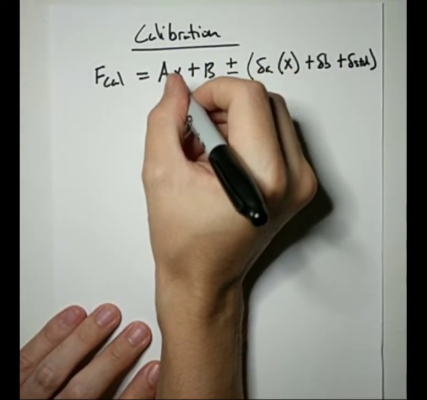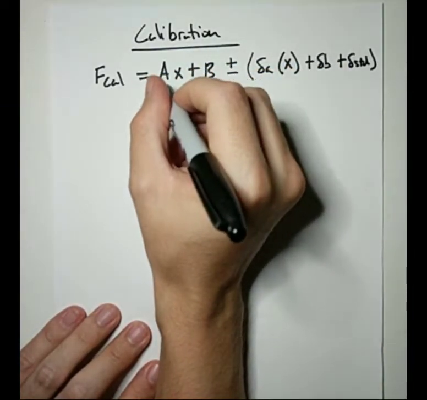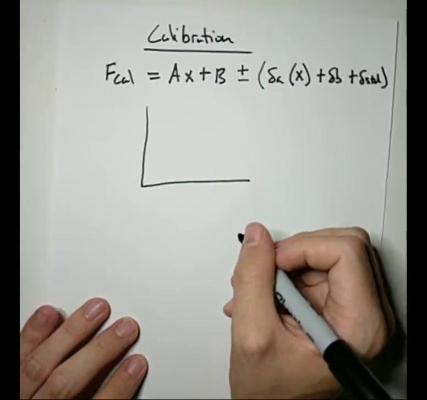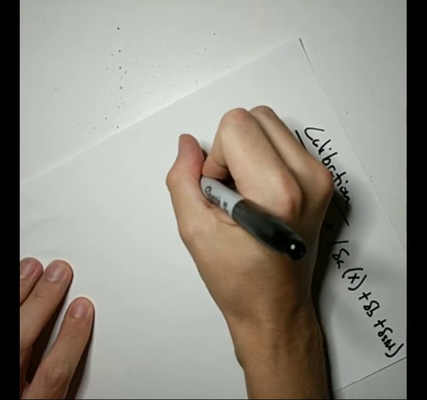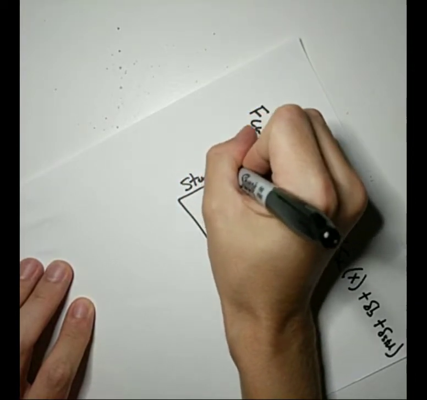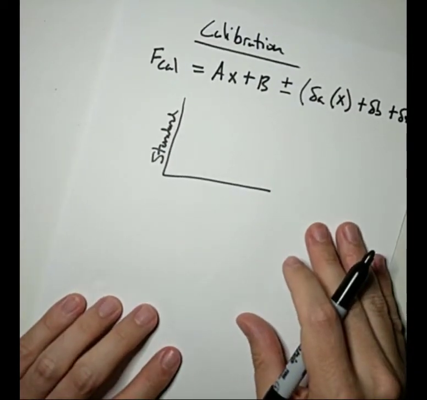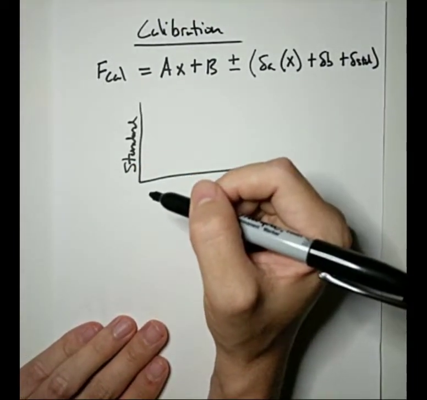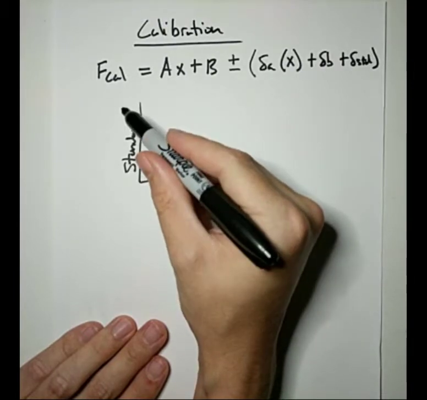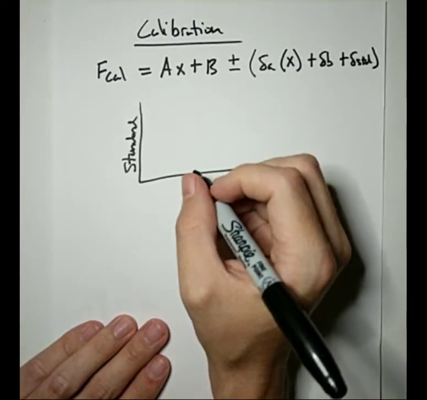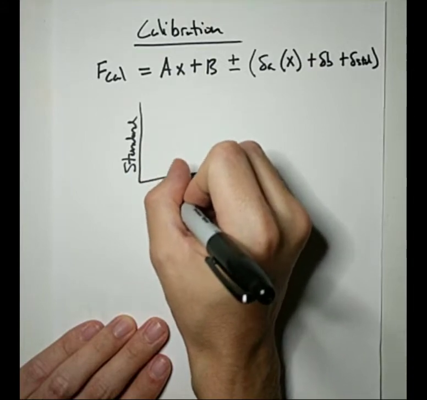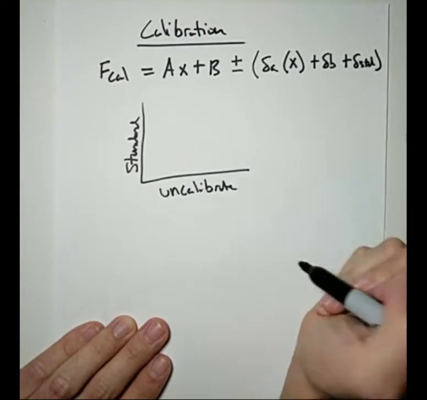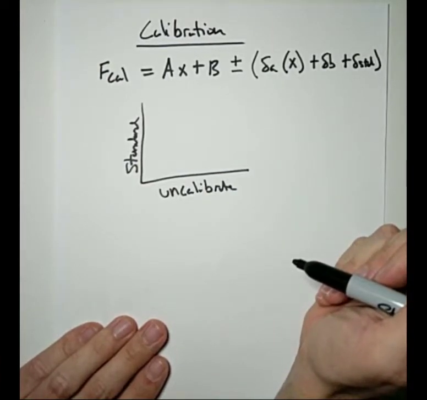So how do we find this calibration? You're going to have two plots, one for each sensor being calibrated. You'll plot the standard flow on your y-axis, so this will be the output of the magnetic meter on the y-axis. And you will plot whatever sensor you're trying to calibrate as your x values.